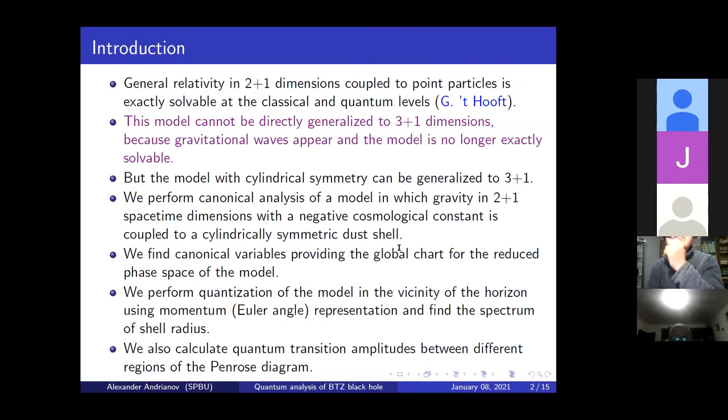We analyze how to quantize 2 plus 1 dimensional general relativity, and this quantization has a long story.